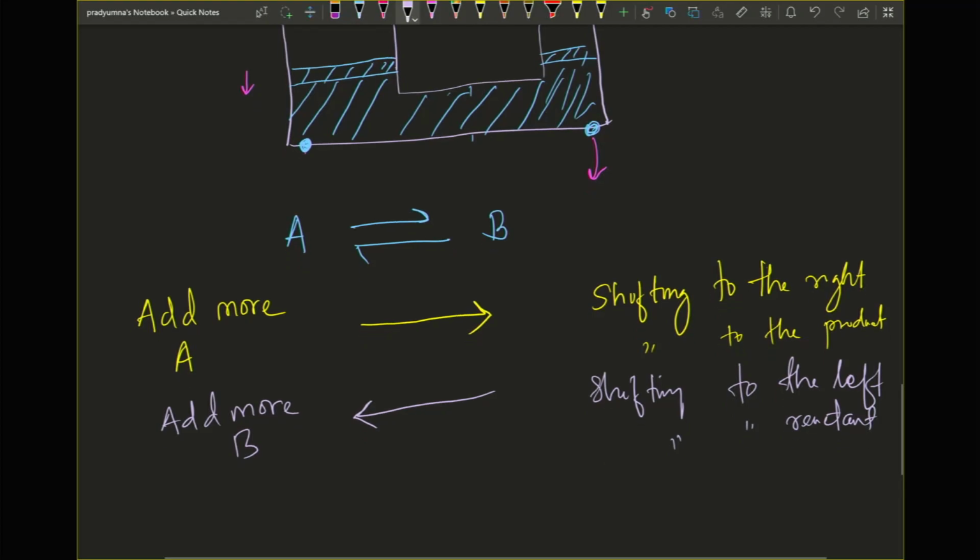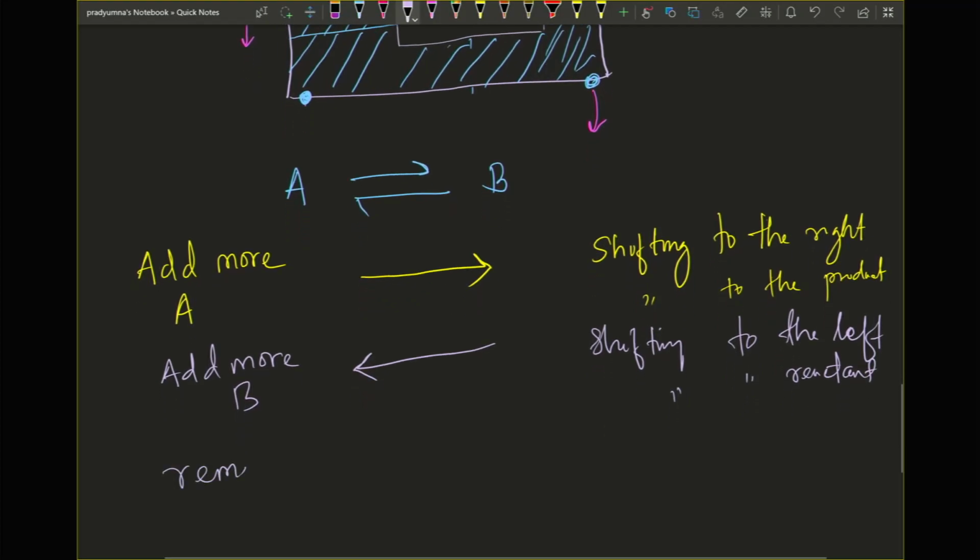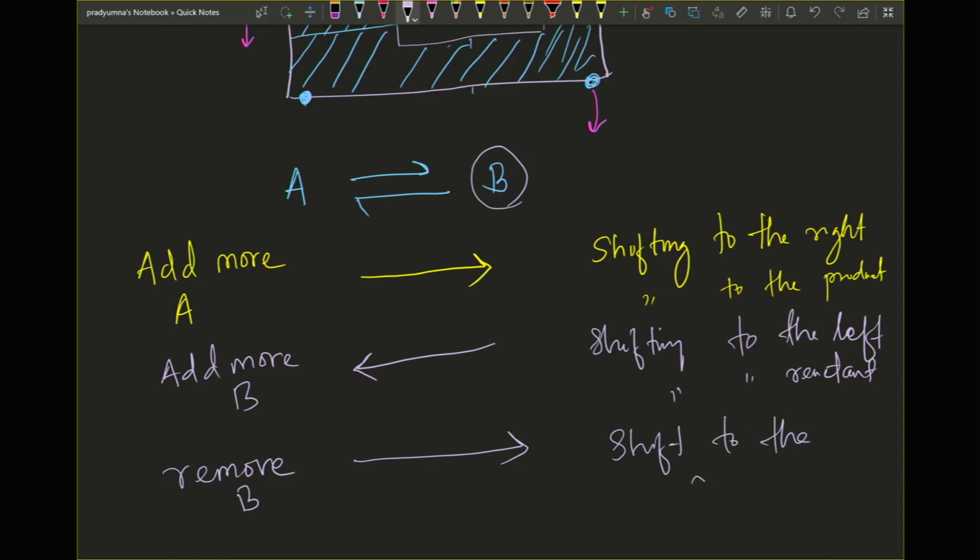So if I remove a little bit of B, then the equilibrium will shift to the right side. So you have to maintain the balance. The equilibrium has to maintain the balance. If you remove the B, immediately some of the A would convert back into B to maintain that balance.